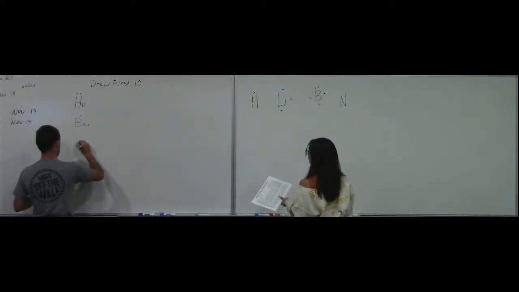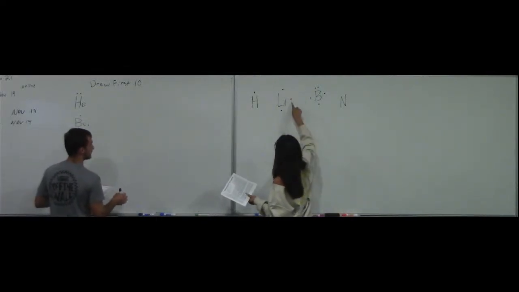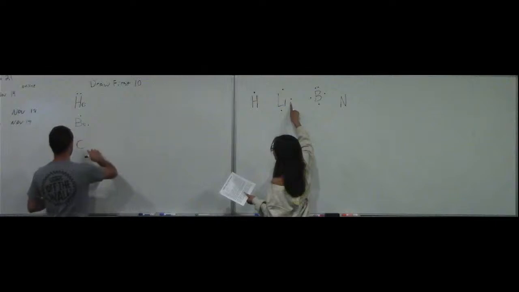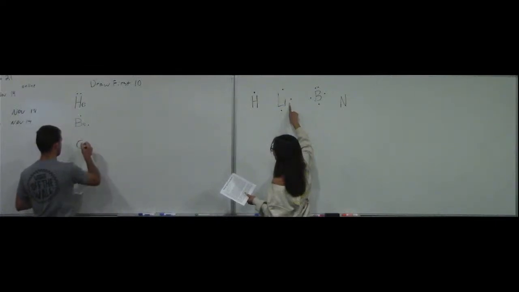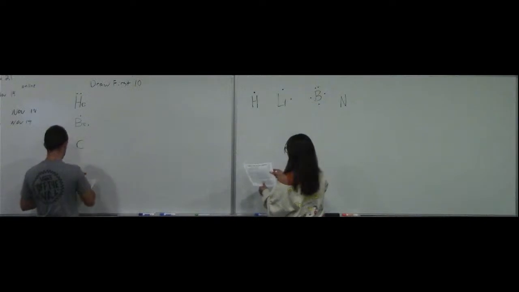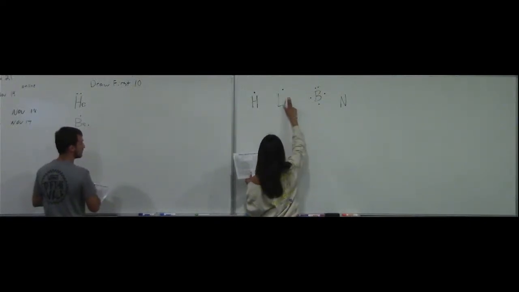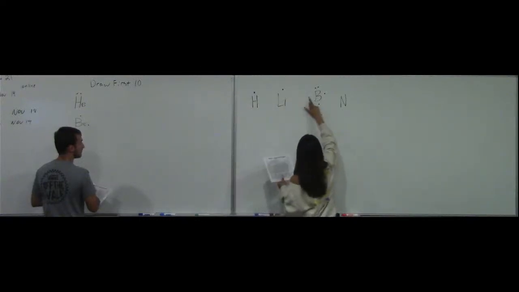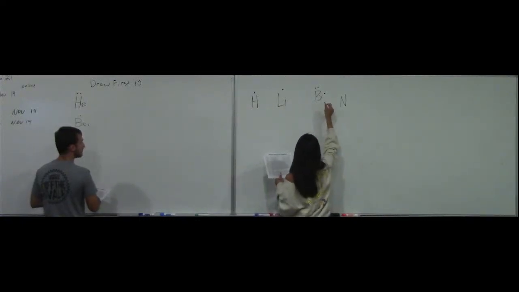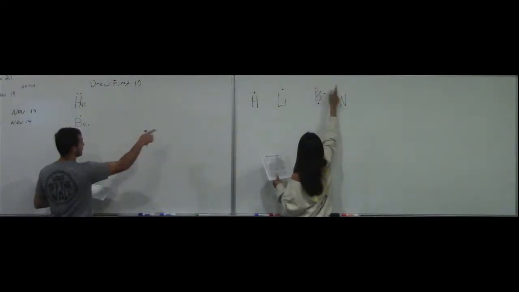Are you filling them up? Yeah, would this be 2 and then 3? It's just like the valence electrons. So the first shell has 2. So I guess this just has 2. So like lithium has 1. Can we do that? Yeah, and then 3 and then 5. So would 3 just be like that, or would I just do like... I think like that. This? Yeah.